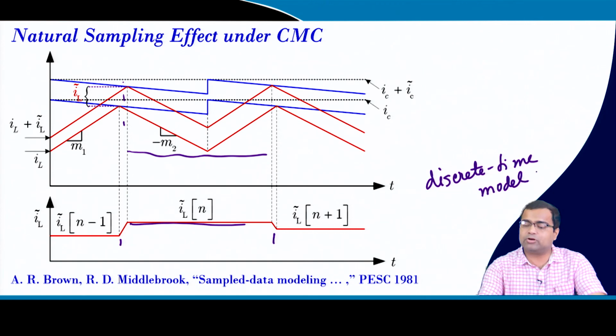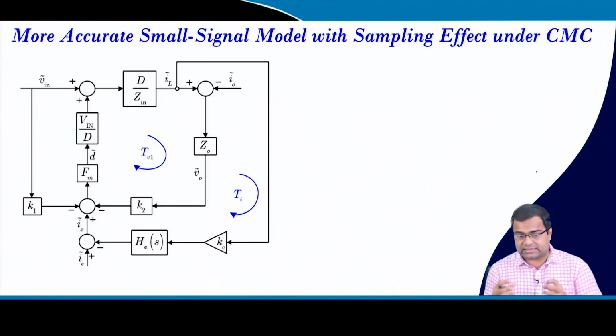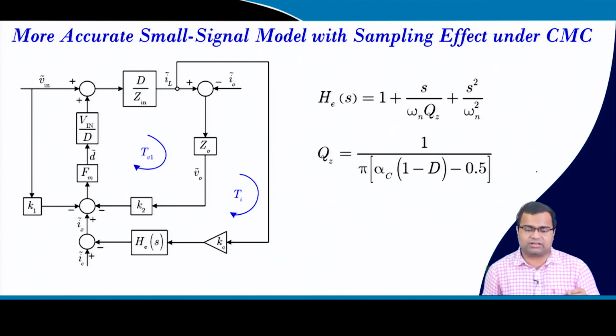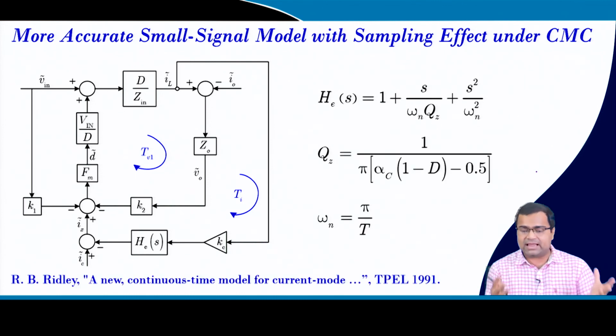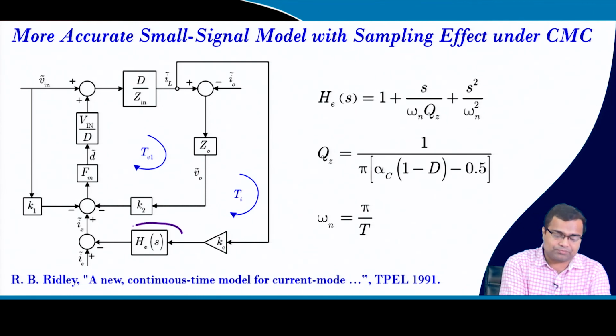So a discrete time model can be used to capture this sampling effect, and this natural sampling effect, after discretization and using a continuous time model, the Ridley model actually captured that, and that introduces another loop.